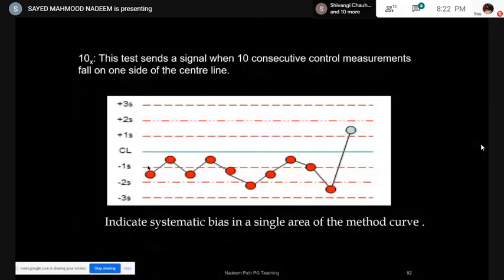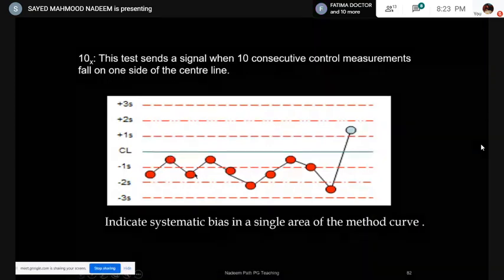So it is very difficult to generate a lab mean. So many a time we have to work with the kit mean. So with the kit mean, it is very likely that you may have a 10x deviation, which actually may not be an error, but represents the lab mean generation in process.